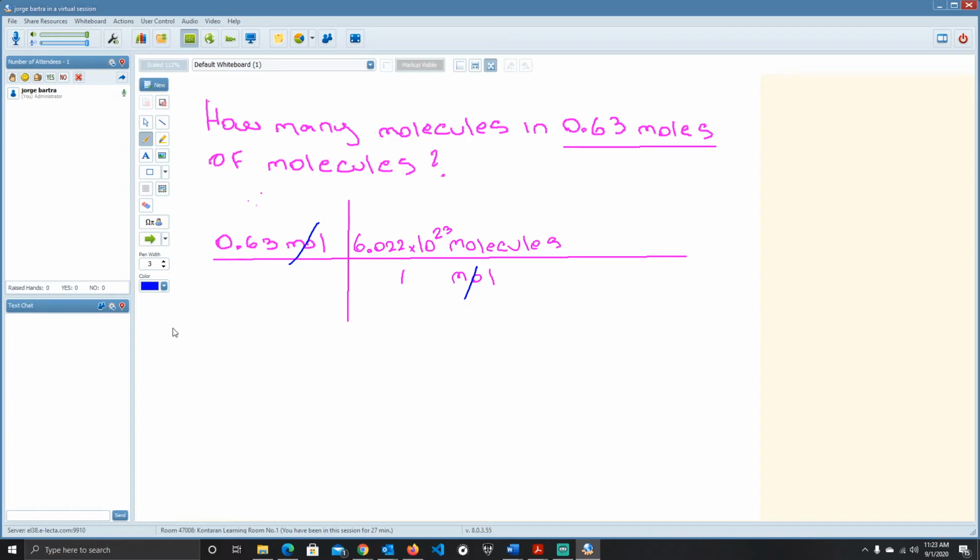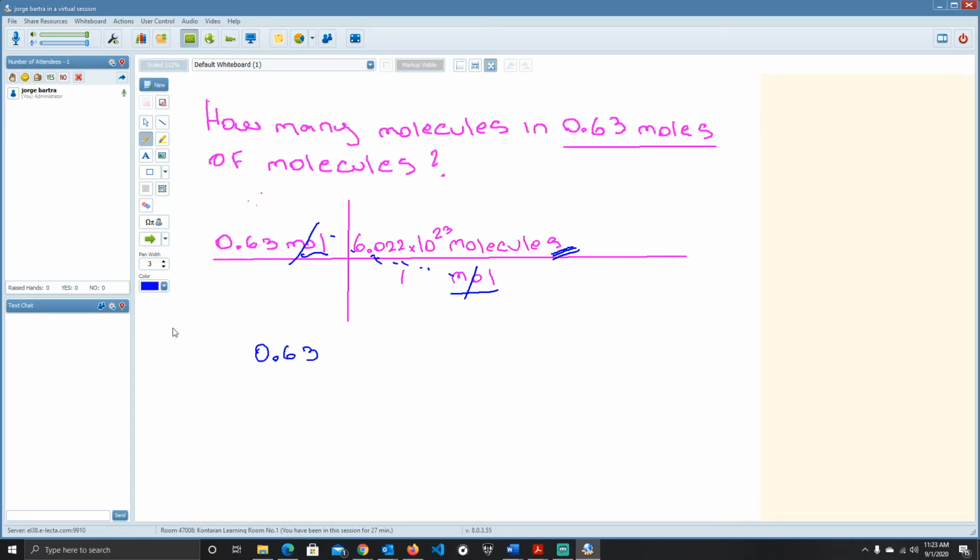Like I said in the previous video, you want to write at the bottom the unit that you want to cancel with the one at the top, in a diagonal, as they are here. That's what you want to do. And then you're left with the unit that you want to stay with at the top, which is in this case molecules.